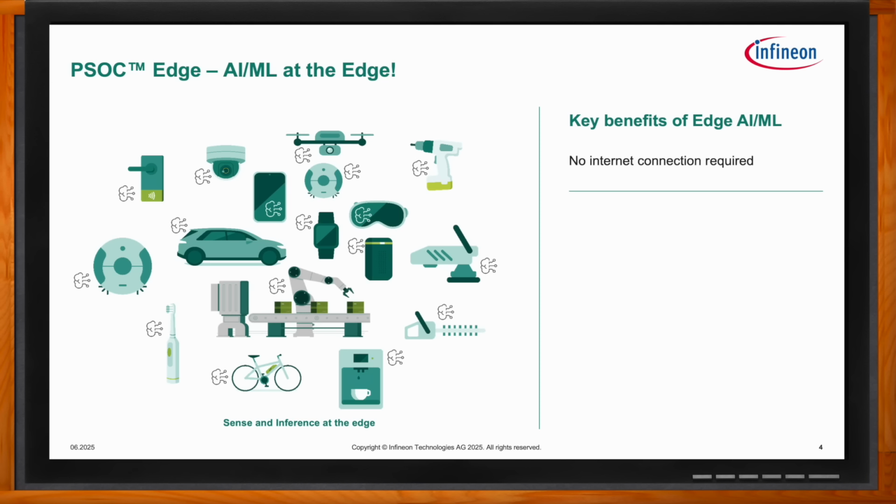So no internet connection is required. We talked about latency, this back and forth between the sensor, the node and the cloud. You can omit that. You can actually have a real-time response happening right there at the edge.